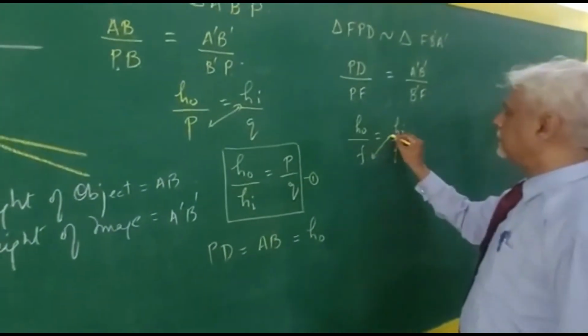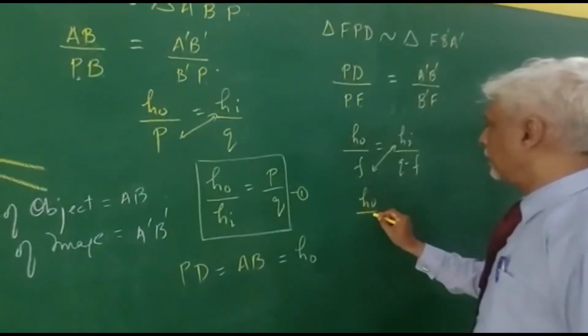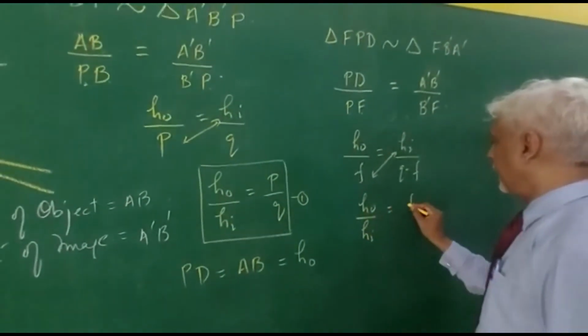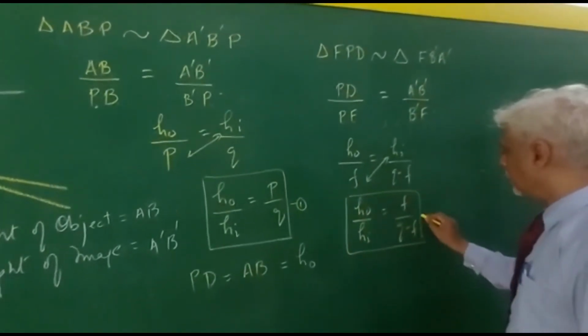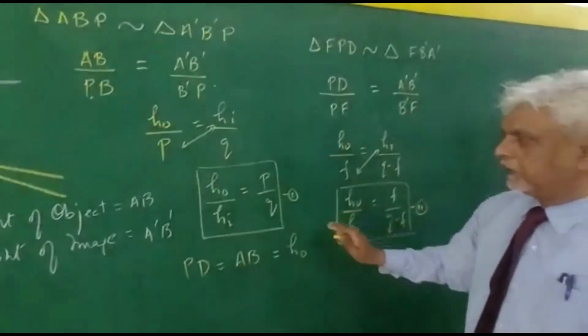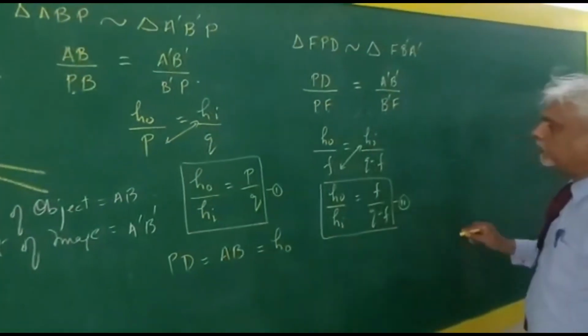Cross multiply once again: HO upon HI is equal to F upon Q minus F. So we now have the second equation. We compare the first and second equations.